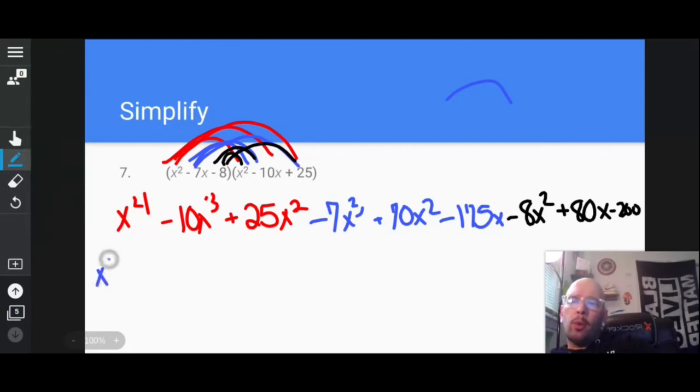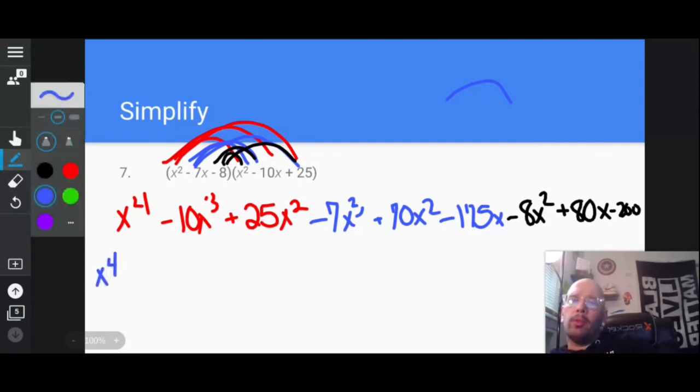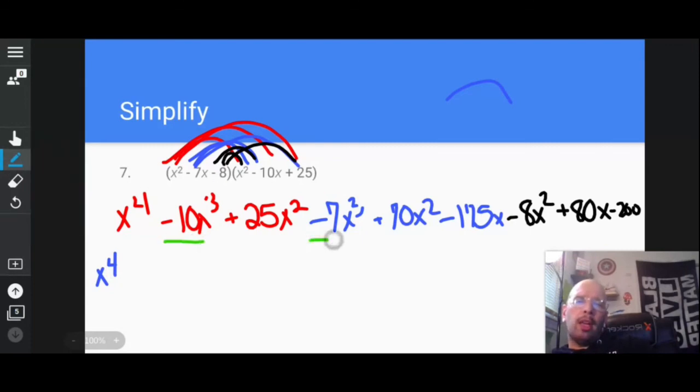X to the 4th, nothing combines with it. Negative 10x cubed and negative 7x cubed is going to be negative 17x cubed. 25x squared and 70x squared is 95x squared, minus 8x squared, so 95 minus 8 is going to be 87x squared.